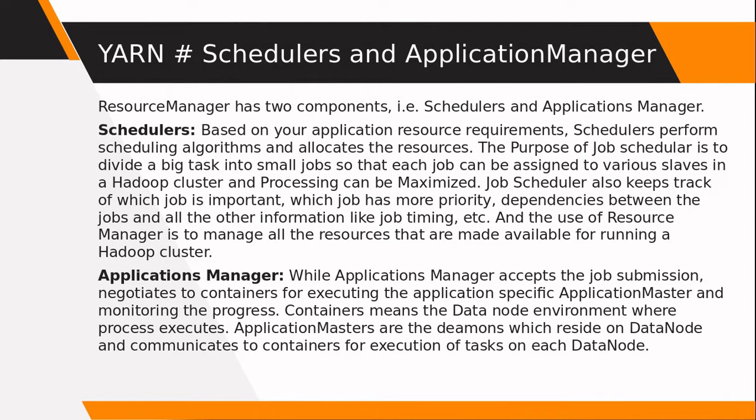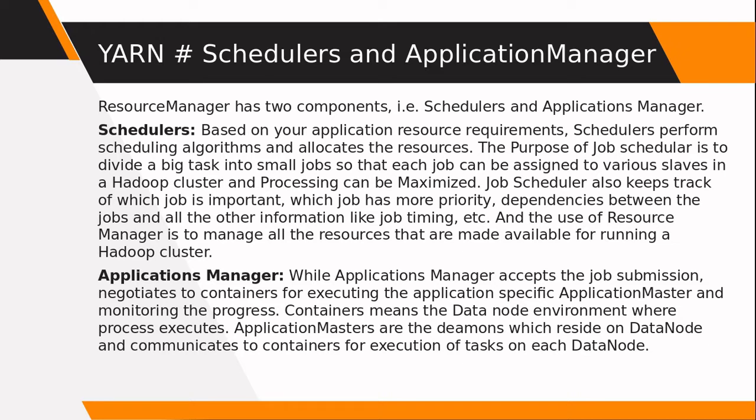Resource Manager has two components, that is, Scheduler and Application Manager. Scheduler: based on your application resource requirement, the scheduler performs the scheduling algorithm and allocates the resources. The purpose of the job scheduler is to divide a big task into small jobs so that each job can be assigned to various slaves in the Hadoop cluster and processing can be maximized.